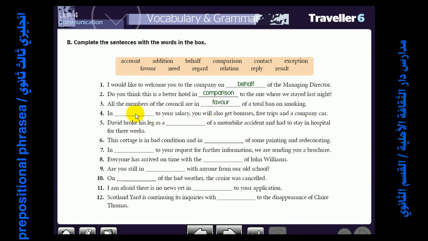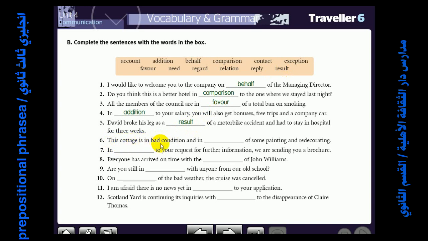Yes, good, in addition to بالإضافة للراتب. David broke his leg as a result of a motorbike accident. As a, so as a, yes, which one? As, yes, result, as a result of نتيجة الحادث motorbike دباب.